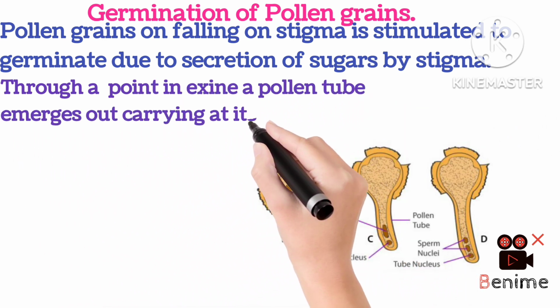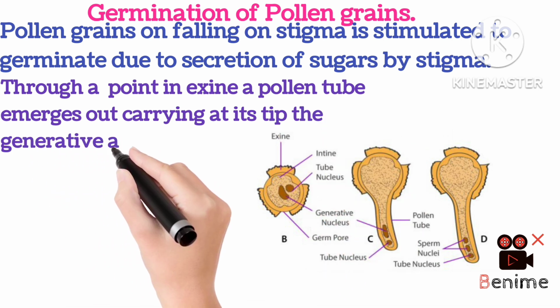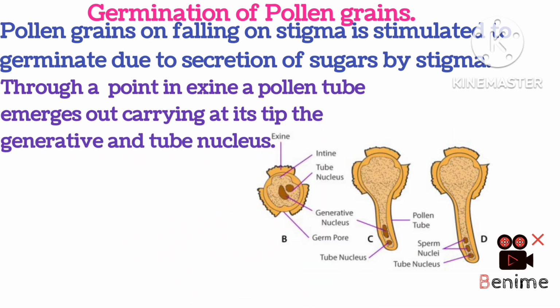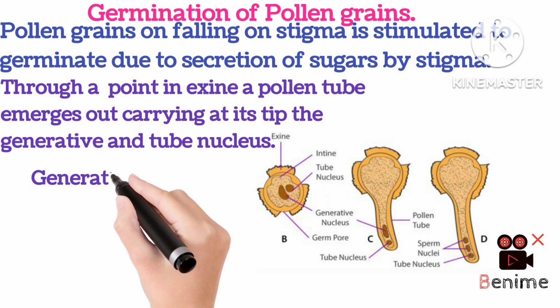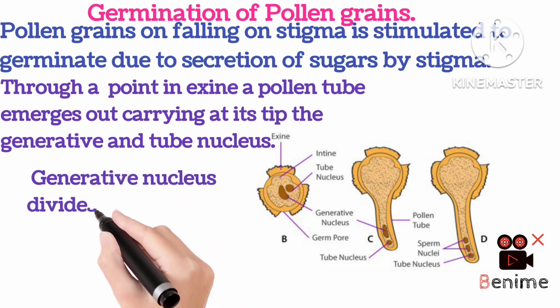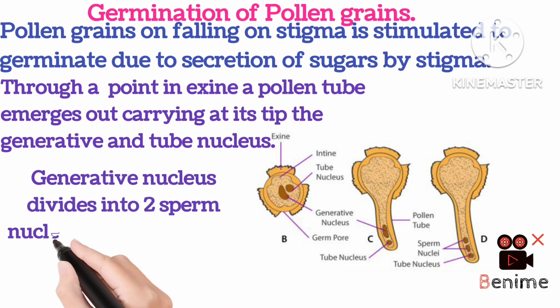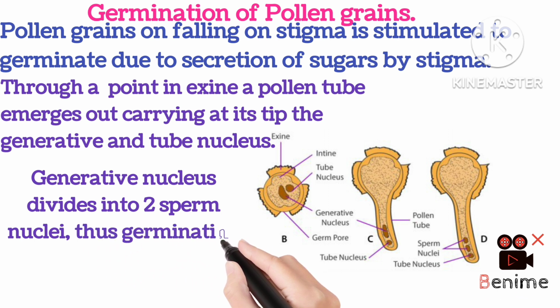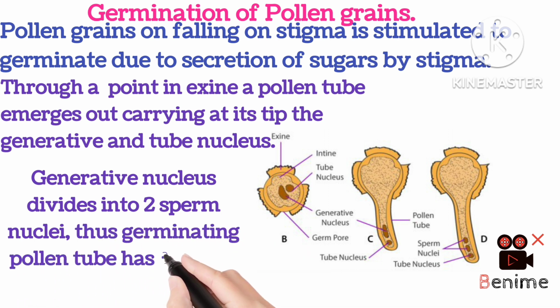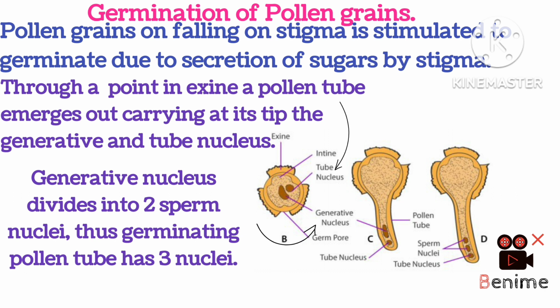Through a point in exine, a pollen tube emerges out, carrying at its tip the generative and the tube nucleus. Generative nucleus divides into 2 sperm nuclei. Thus, the germinating pollen tube has 3 nuclei, 2 sperm nuclei and 1 tube nucleus.